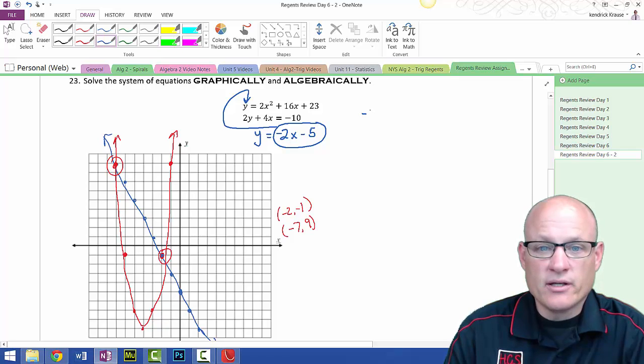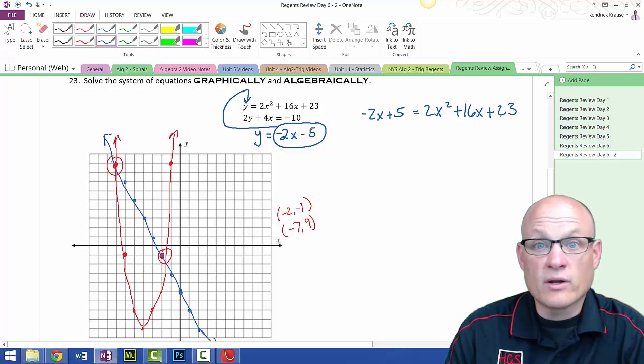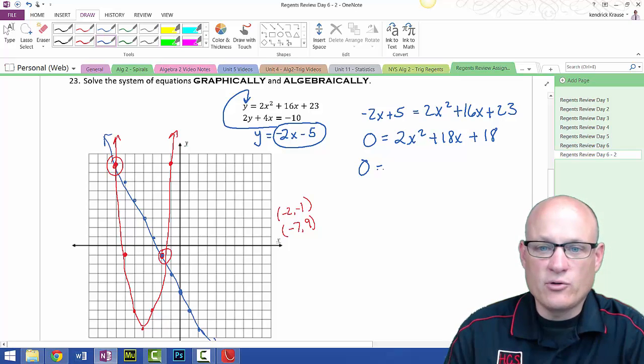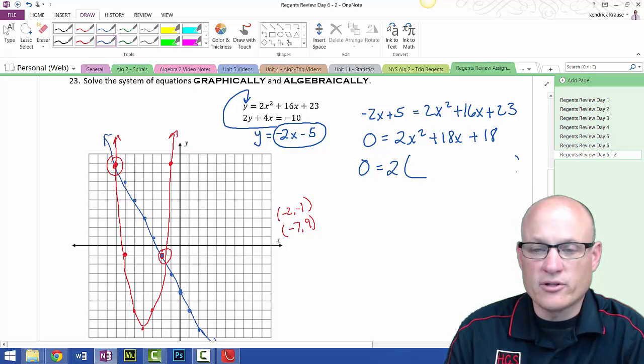So I'm going to say negative 2x plus 5 has to equal 2x squared plus 16x plus 23. Set this equal to 0. I get 2x squared plus 18x plus 18. Looks like I got a GCF of 2, so I'll take that out to make my factoring easier.